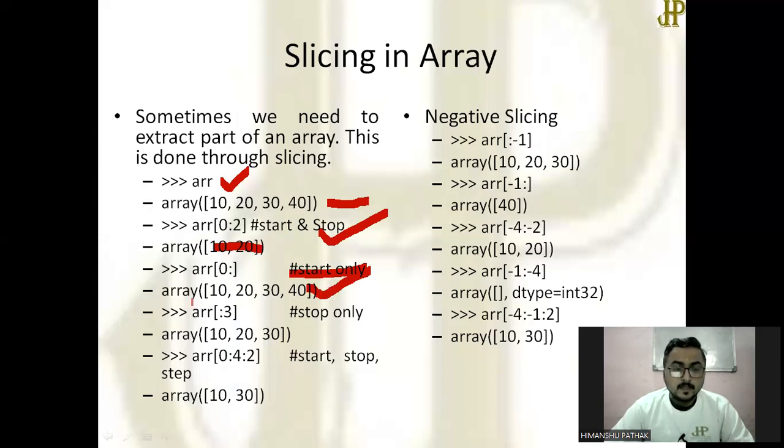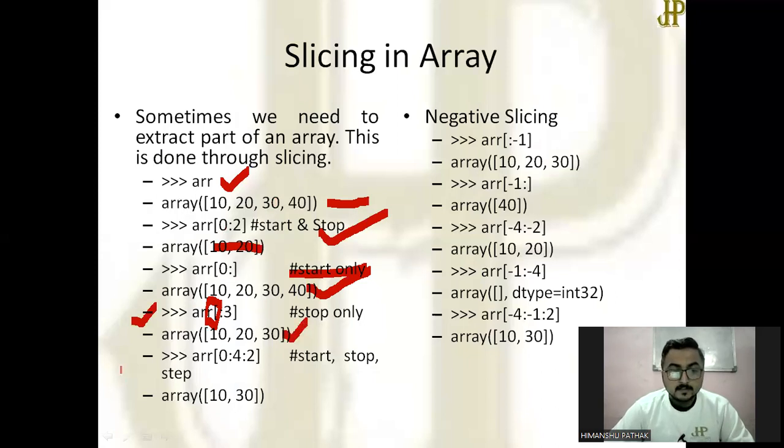Now in the third case, I have given the stop value. Starting value is not given. So by default, it started with the 0th index, and it will go 3 minus 1, that is 2nd position. So 10, 20, 30 will be printed.